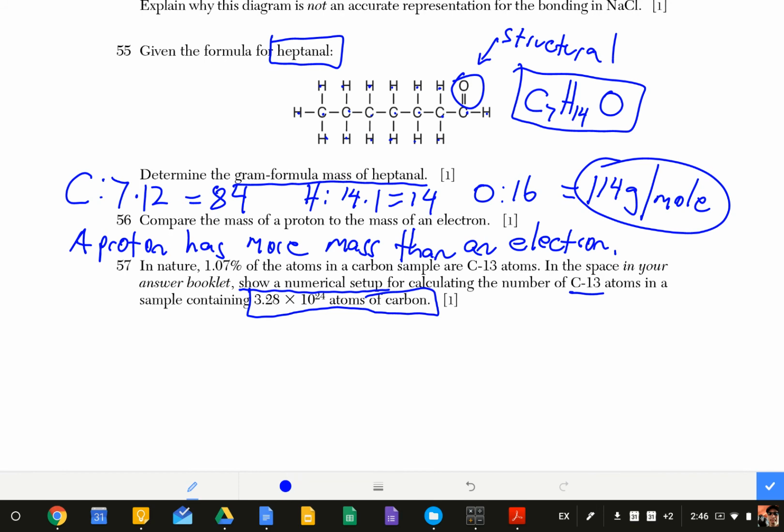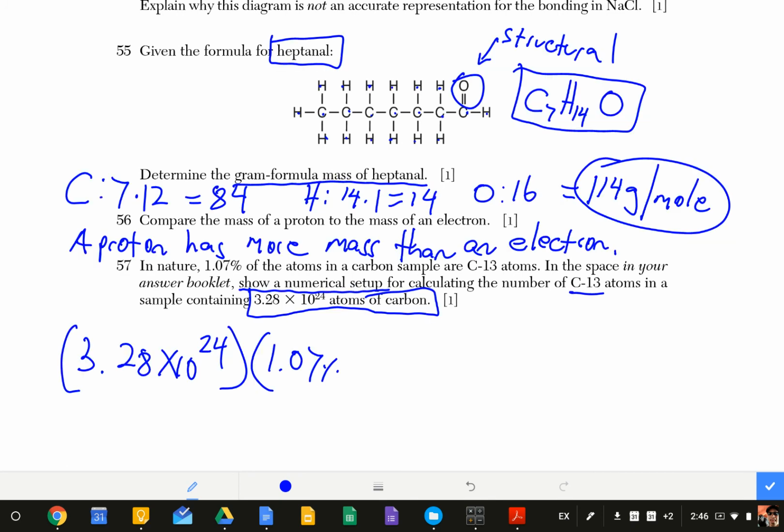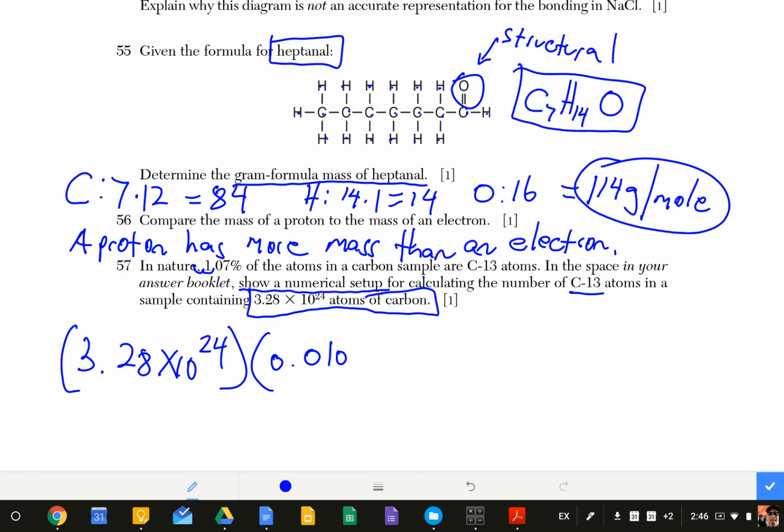So basically we're just going to say, okay, you have 3.28 times 10 to the 24th carbon atoms, and out of those 1.07%, or actually maybe I shouldn't do that. Let's show them that we know how to convert 1.07% to 0.0107.